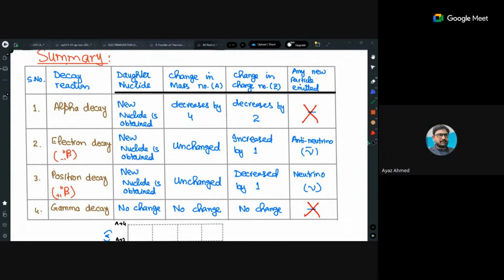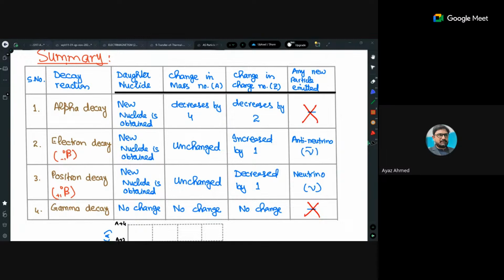Yeah, both of them are neutral, but in the nuclear reaction, they are just energy balancing particles. You can simply say that these are those particles which are emitted to balance the reaction.